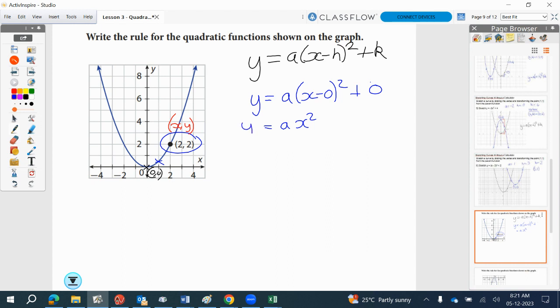We know that the function now is y equals ax squared. So 2 has to equal a bracket 2 squared. So 2 equals a times 4. 2 divided by 4 equals a, so a equals a half. So this function is y equals a half x squared. You can see that that's 1 across, a half up, the characteristic point.